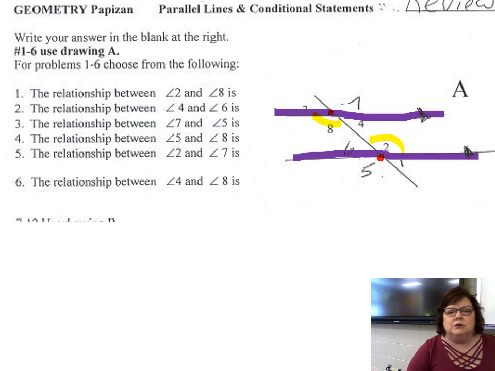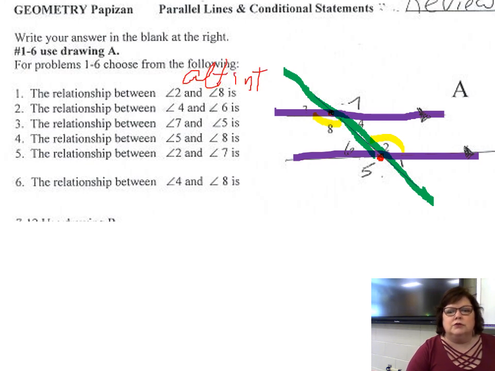Then you consider the transversal that connects them, the one line that goes between them, and that's where the relationship comes in. It's because that line is going to be the same set of angles for both, but you have them mixed up in different orders. So are they on the same side of that green transversal? And that's no. So instead of same side interior, these would be alternate interior angles.